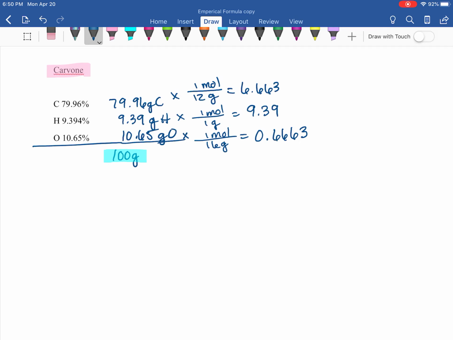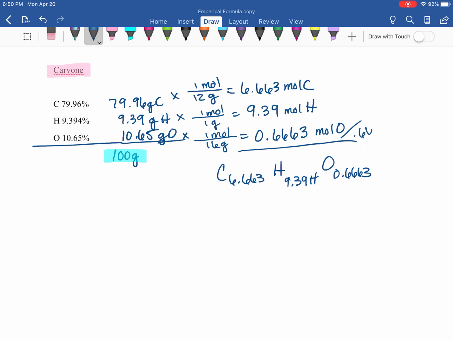Again, if we wanted to, we could write that fixed ratio. It just would look awful. We could write, this is how many moles of carbon. This is our moles of hydrogen. So we would say 9.39 hydrogen, and then oxygen. Okay, again, just looks terrible.